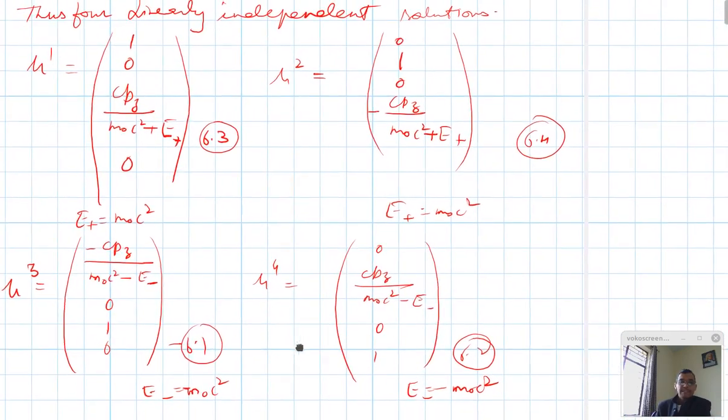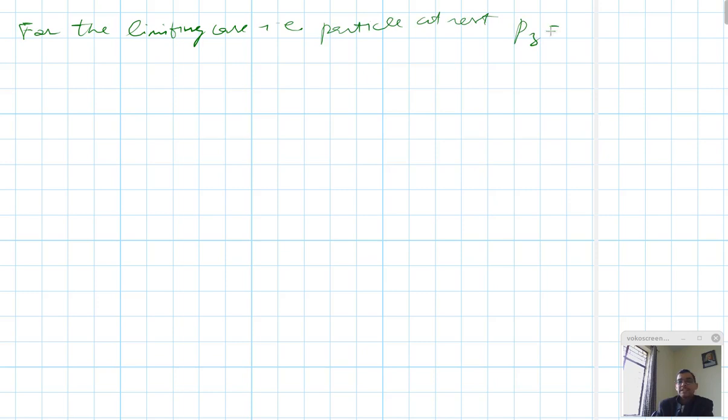In the limiting case of the particle at rest, that is pz is equal to 0.